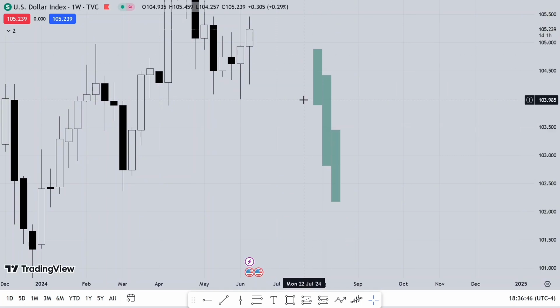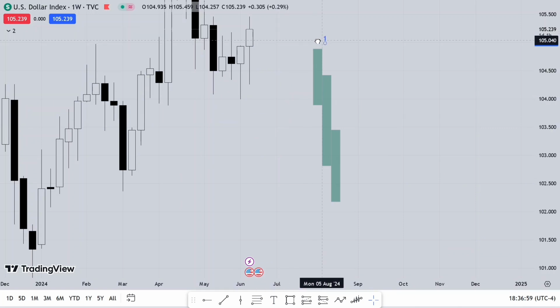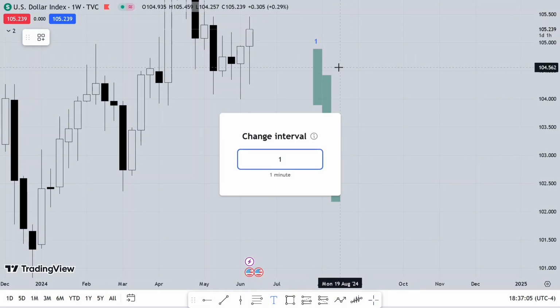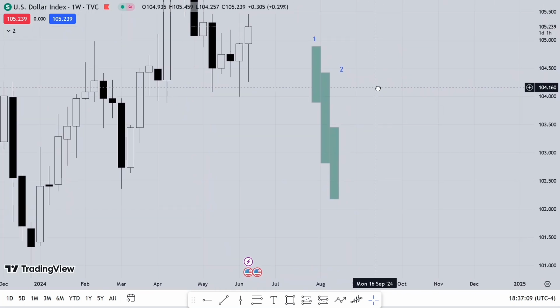Let's call this candle number one. This is candlestick number one, and this is candlestick number two, where we had that speed in price action that drives price lower.